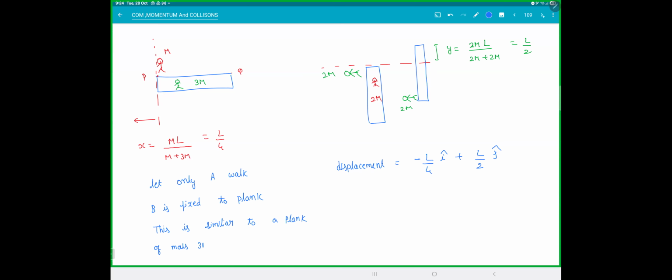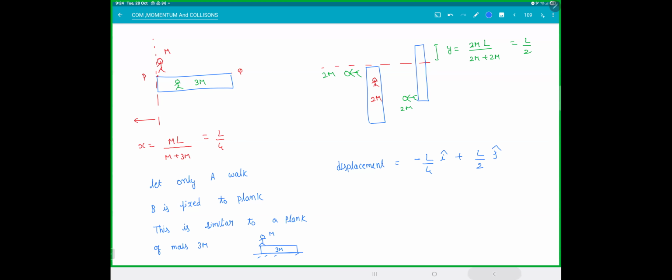This has become your first problem. We have a man walking here whose mass is m and this is 3m. And you know the result. X is equal to mL by m plus M or whatever. Are you clear with this logic, everyone? Sure?